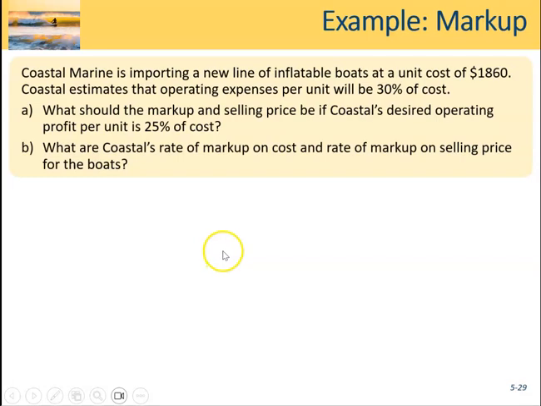Okay. So we have an example here. Coastal Marine is importing a new line of inflatable boats at a unit cost of $18.60. Coastal estimates that the operating expenses per unit will be 30% of cost. Okay, so we can figure out what our operating expenses are because they're 30% of the cost.